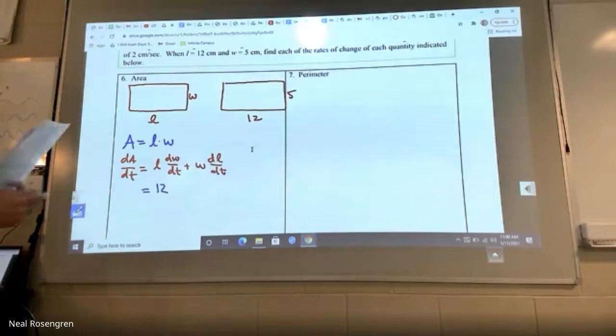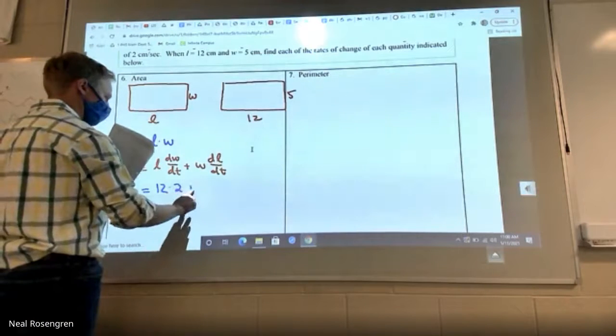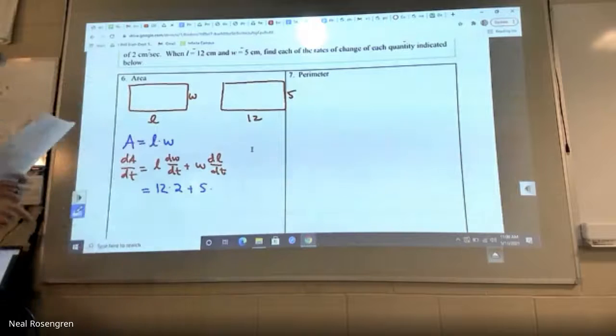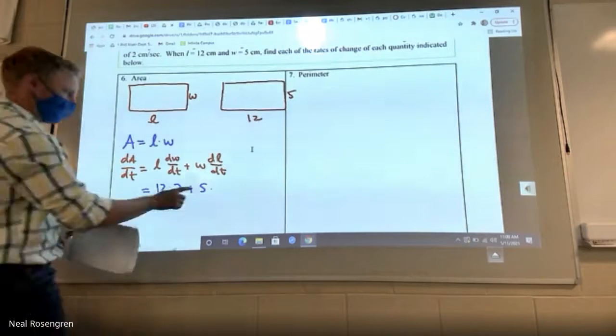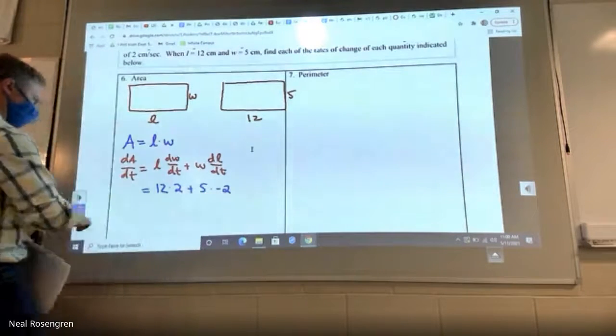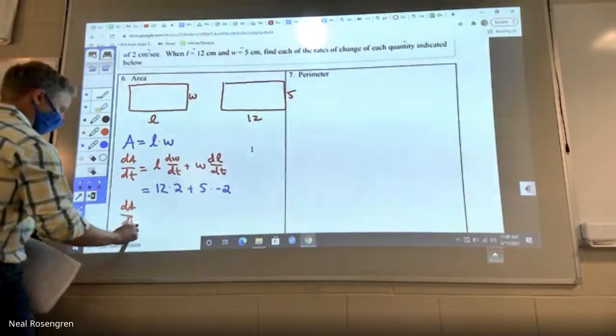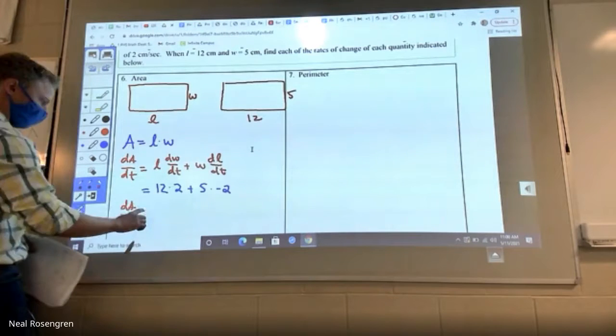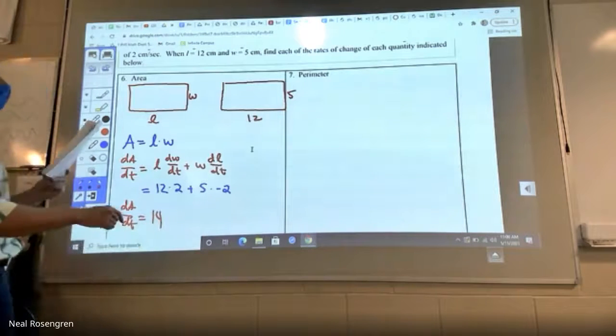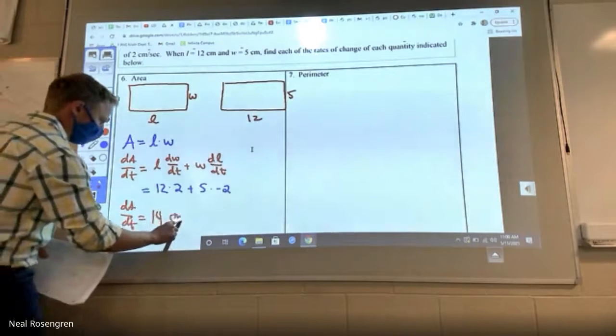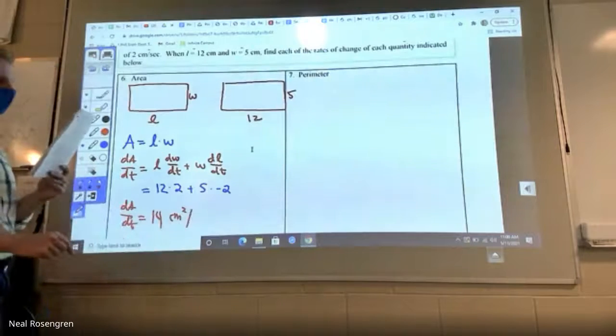dW is increasing. dL is decreasing. (24 minus 14 centimeters squared per second).